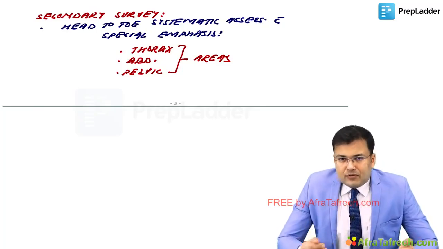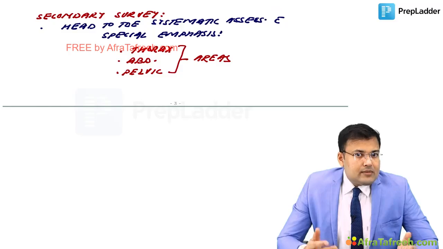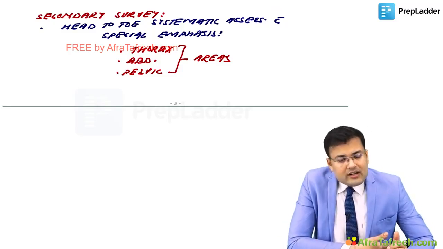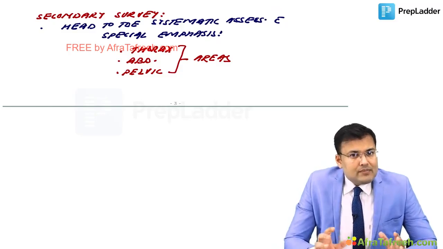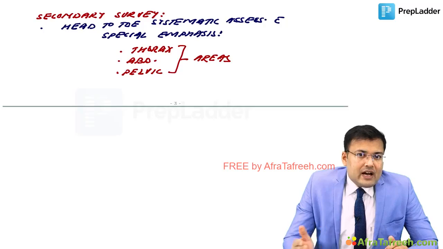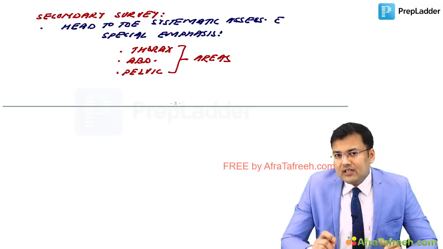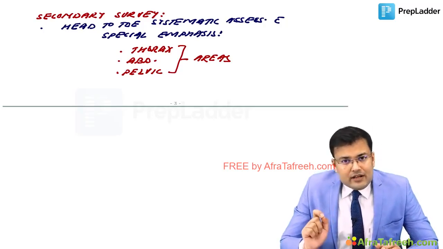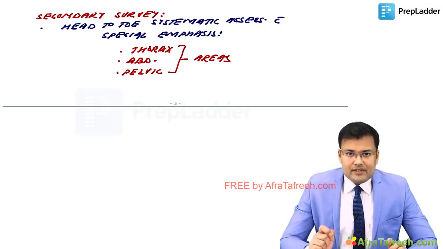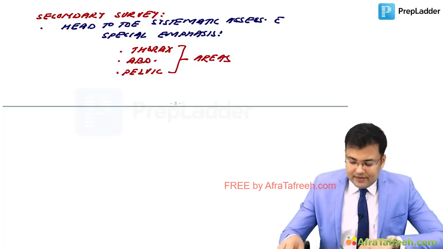You suspect perforation peritonitis, or sometimes you suspect that patient might be having some kind of blunt organ injury. If there is blunt organ injury, especially to spleen or liver, we send the patient for ultrasound or CT. So what kind of radiographic imaging is done? Targeted radiographic imaging.